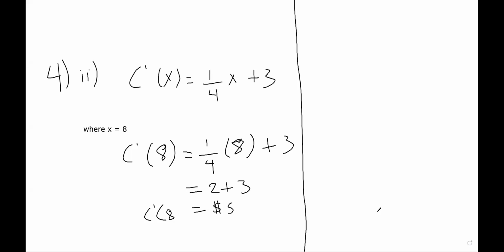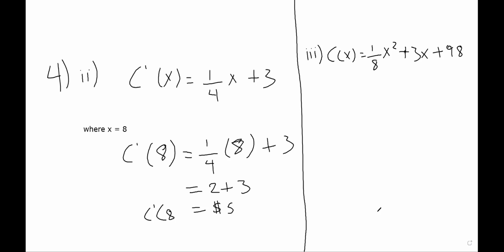So the third part, we already have our C function. Our C function, C of x, is equal to 1/8 x squared plus 3x plus 98. All right. So we need to find the actual cost of the 9th unit now.